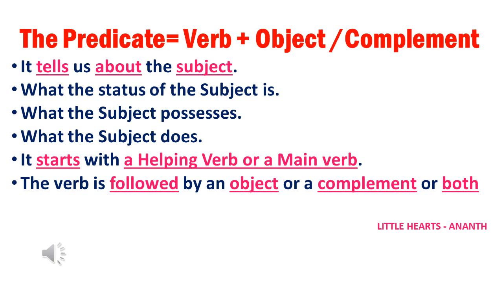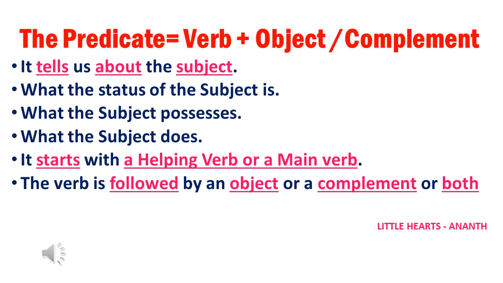Here, we are going to discuss the predicate in detail in this slide. A predicate is the part of the sentence that gives us more information about the subject. It says what is the status of the subject, or what the subject possesses, or what the subject does in that particular sentence.